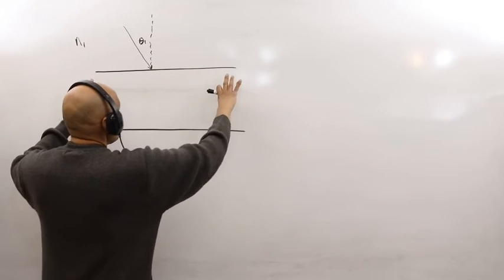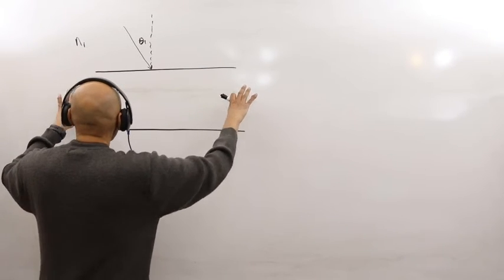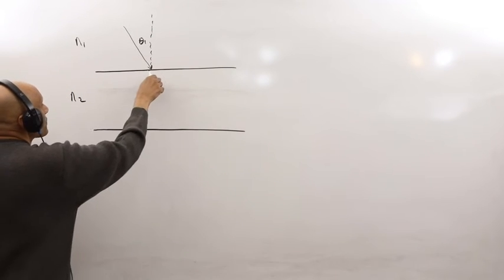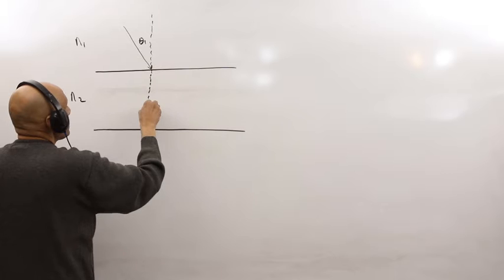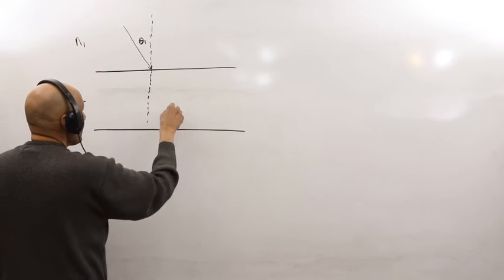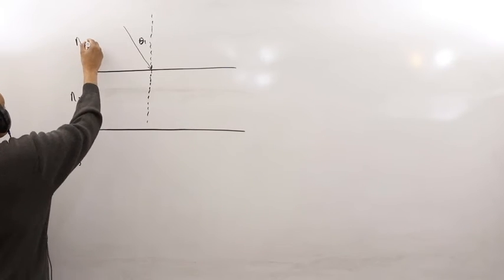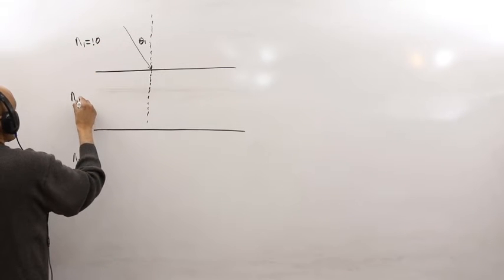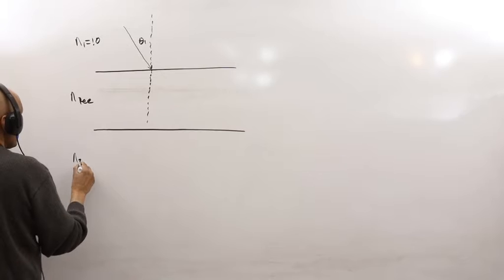We're told this is the index of ice, and this is water, and we'd like to know exactly what happens after it reflects into the ice. Let me put it in. So this is 1.0. I'll have to look up N2 for ice, but let's call it ice. And this is water.